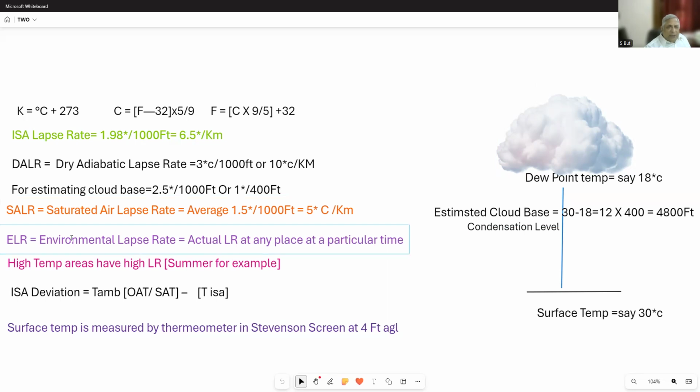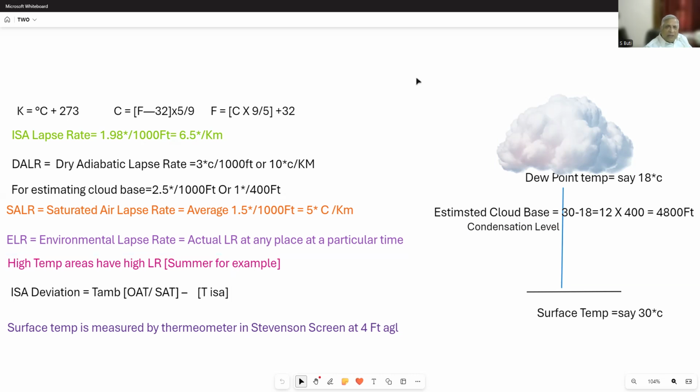Environmental lapse rate is the actual lapse rate in the atmosphere at any given time. If you send a radiosonde, equipment which can measure temperature at various altitudes, it will give you the actual temperature every 1,000 or 2,000 feet, and you can calculate the actual lapse rate in the air.